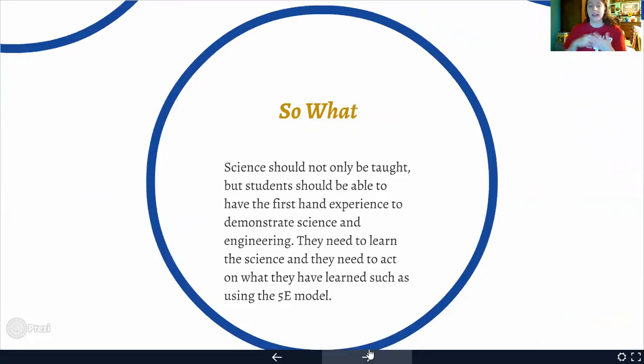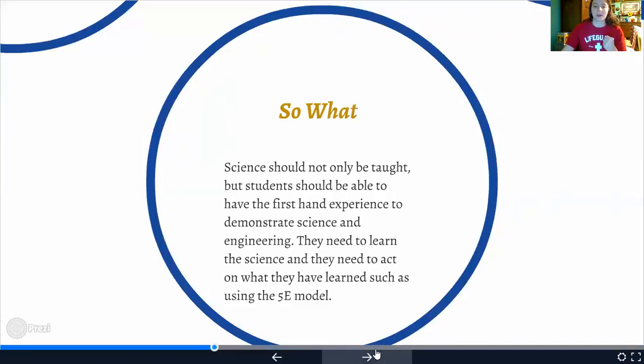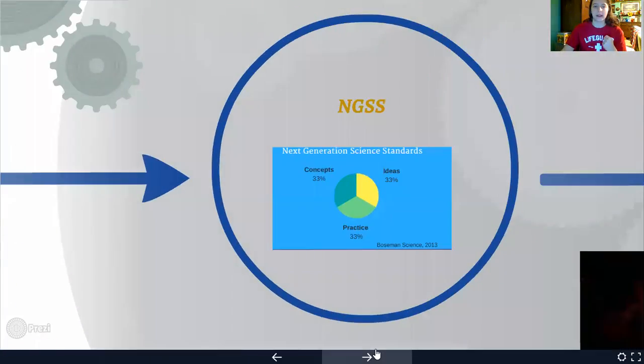So science should not just be taught, but students should be able to have firsthand experience to demonstrate science and engineering. They need to learn the science, and they need to act on what they have learned, such as using the 5E model, which is engage, explain, evaluate, elaborate, not in that order, but all five of those are very important for students.